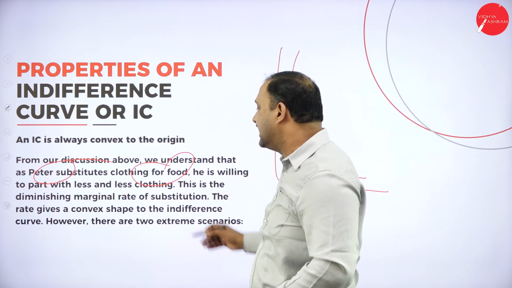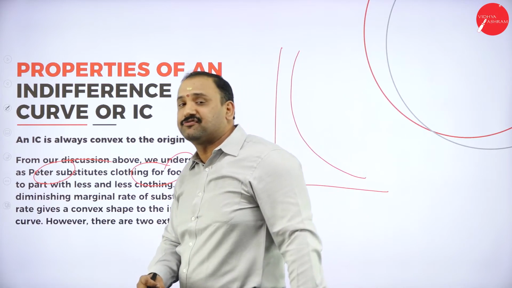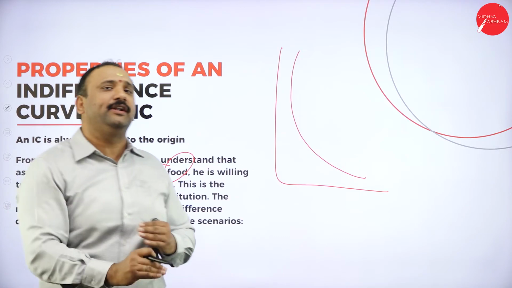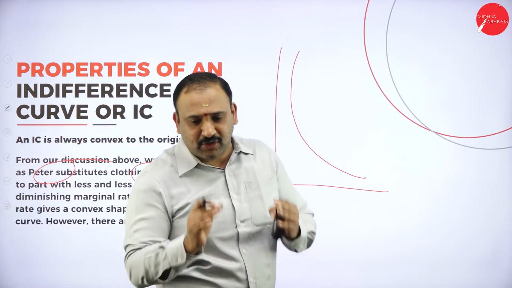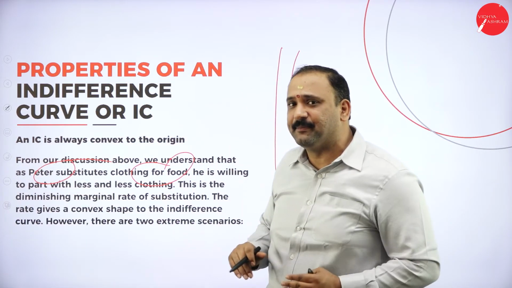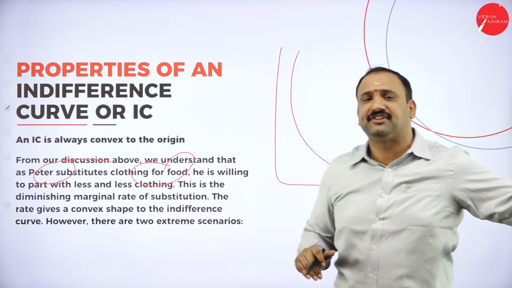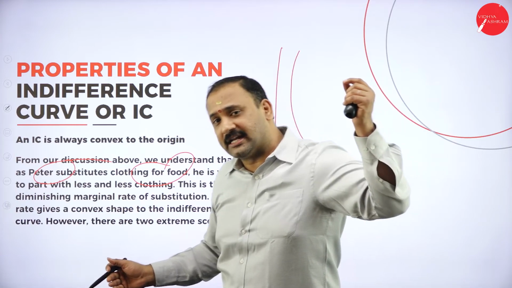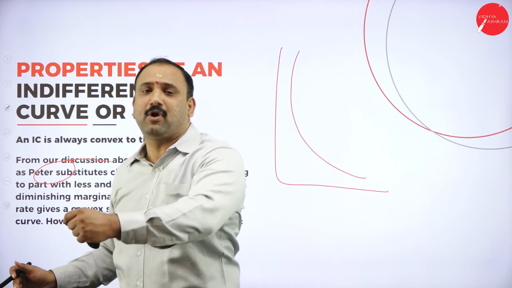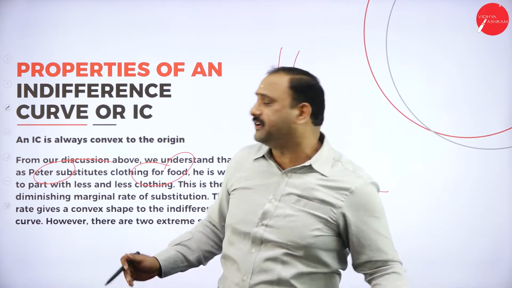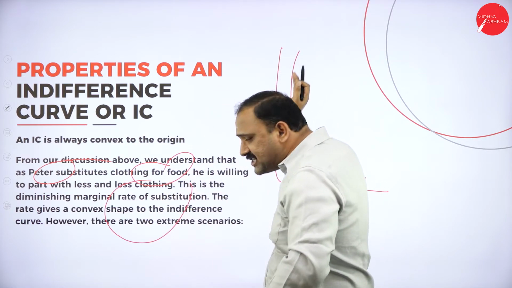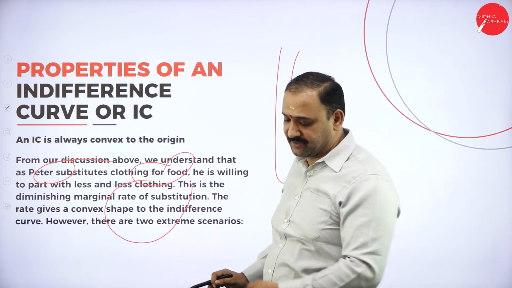That means the diminishing marginal rate of substitution comes in, where you substitute one product for the other so that your satisfaction levels are maintained. You're not going to give up on the satisfaction levels. You're not going to say, sir, that's the end of it. You are likely to part with one product and take up another product in return. That's why we bring it in, and that's where we say it is always convex in shape.